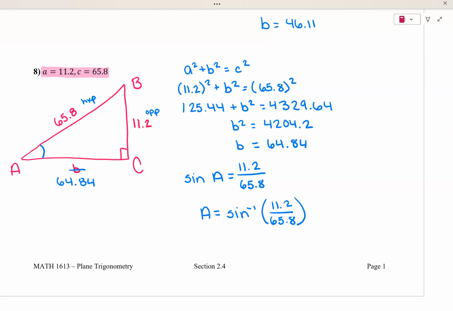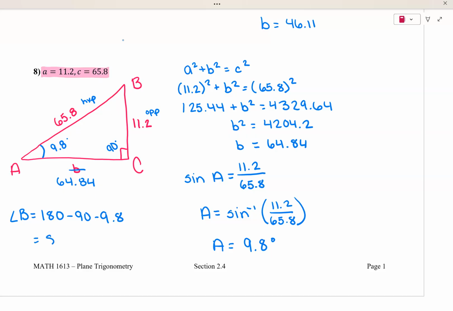So I'm going to hit shift sine of 11.2 divided by 65.8. So I get that my angle A is 9.8 degrees. Okay, and then we know that this one's 90. So for angle B, we're just going to do again 180 minus 90 minus 9.8.